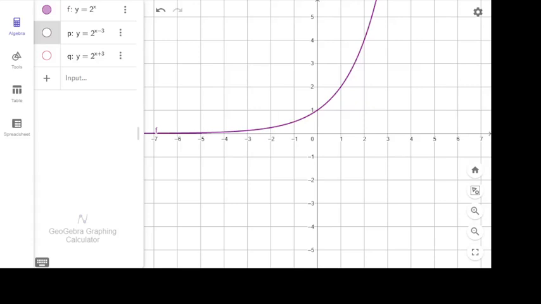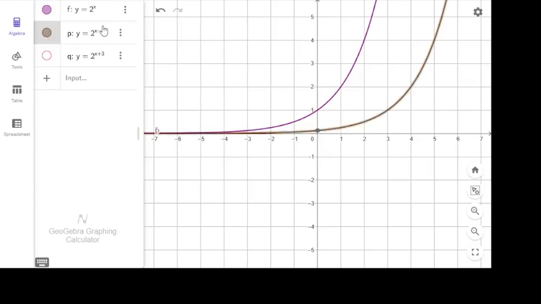When I see x minus 3, x minus k, and this k is larger than 0, I have to say my initial graph will move to the right exactly k units.